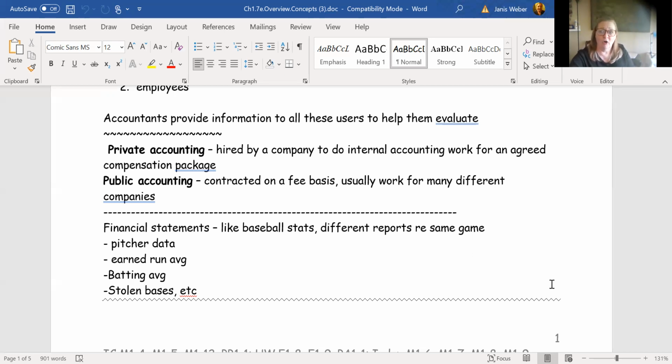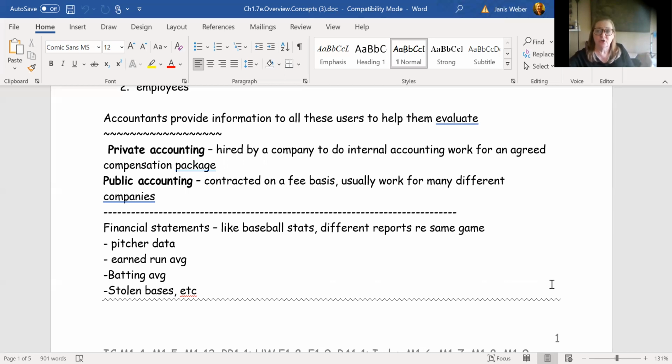So if you miss that ball game, you've got to look at several different things. In baseball, you might look at the pitcher data, look at the earned runs, look at the batting average and the stolen bases, plus looking at the overall final score. Once you look at all those stats, you're going to have a lot better idea of what happened and why that game turned out the way it did.